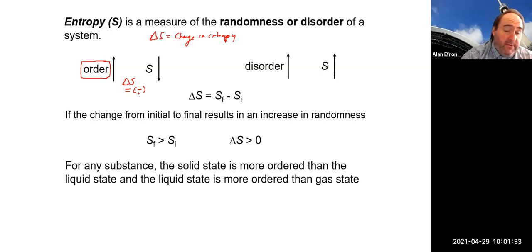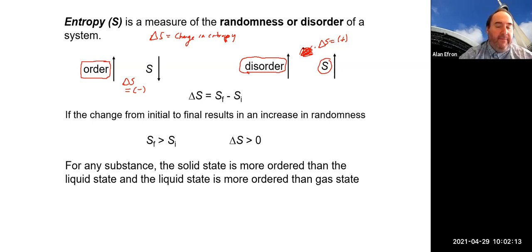The opposite is true. If we go crazy with the disorder, things are all crazy, or we decrease the order, we will see an increase in the entropy value, and we would see a more positive value for delta S. That's a little different than some things, for example delta H, where we think about negative delta H, we think about exothermic, and we think that's going to be a reaction that's more likely to occur.